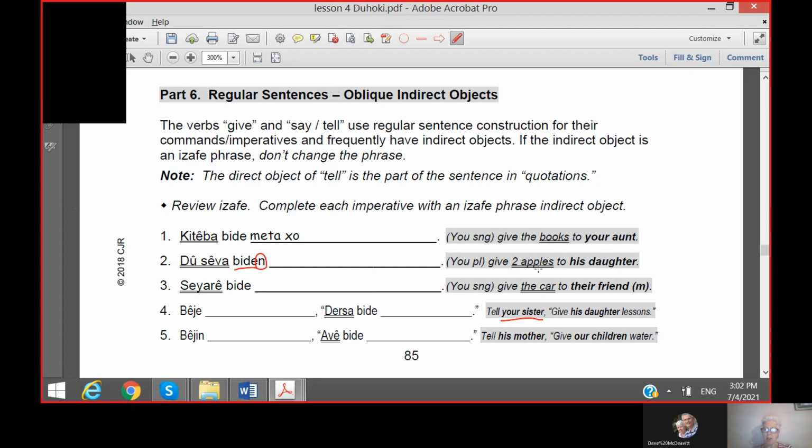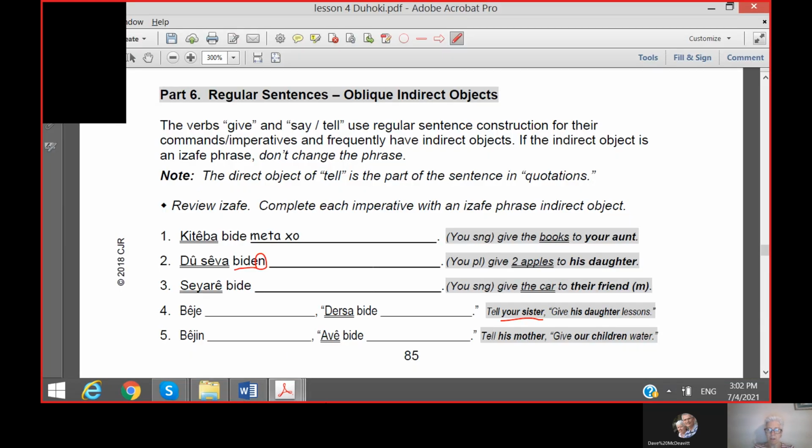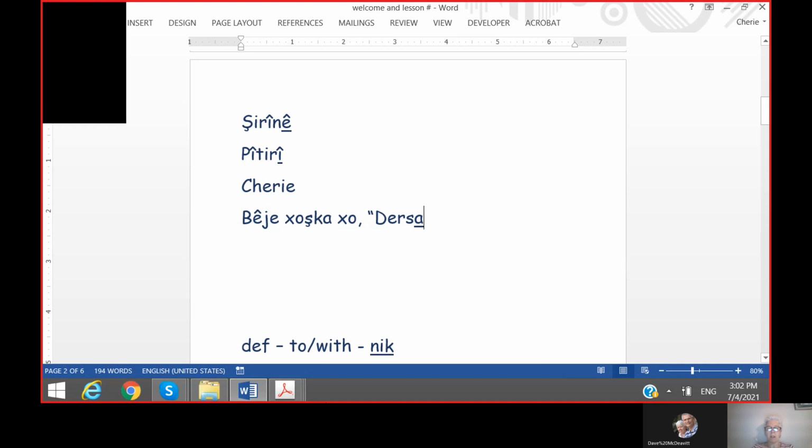Give his daughter lessons. All right. So ders is the lessons. Ders is lessons. And because it's in the oblique case, you have to have the ending. His daughter. Saw.